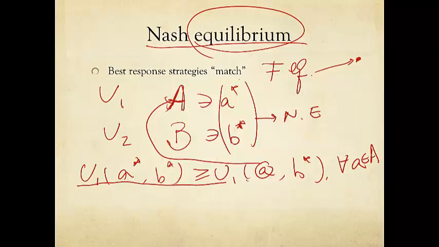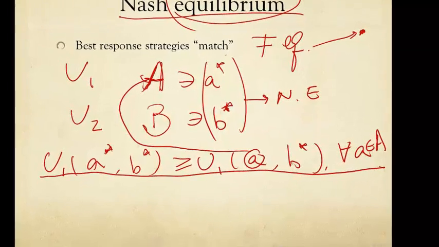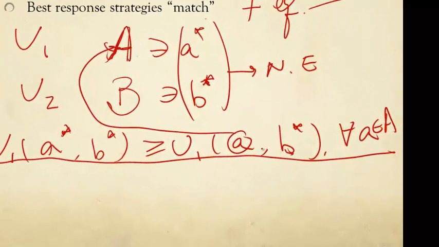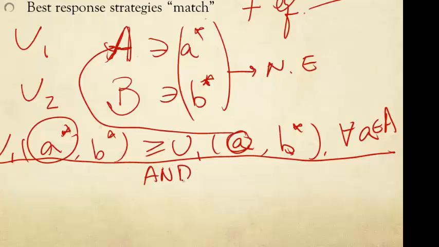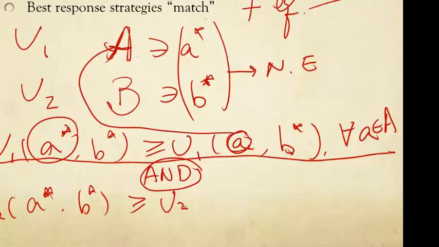This simply says that, hey, if the other player doesn't move away from B star, I have no incentive to move away from A star. And, that's the keyword, and at the same time, the other user feels the same way. You too, at this A star, B star, is no smaller than the utility for user 2 if A star remains there and B is free to be chosen anywhere in the set.